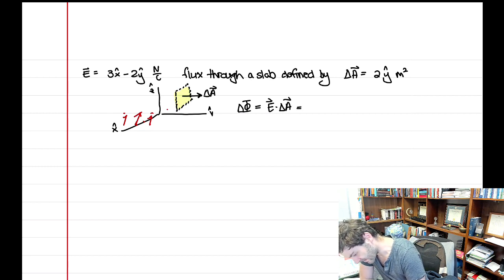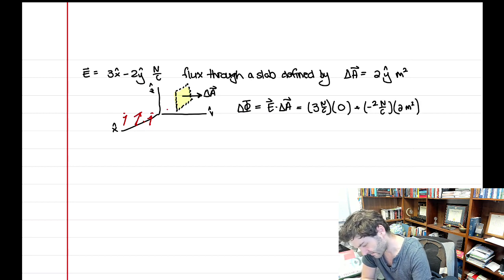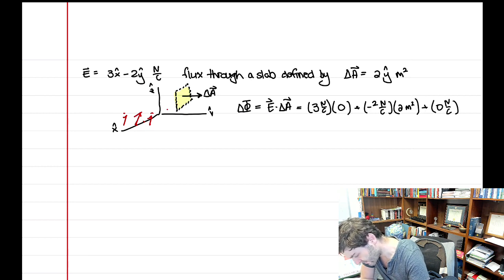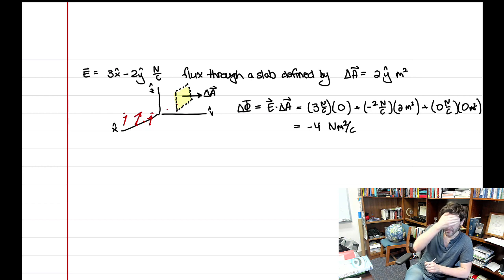So it's 3 newtons per coulomb, the x component of the electric field, times the x component of the area, which is 0, plus the y component of the electric field times the y component of the area, plus the z component of the electric field times the z component of the area. And that adds up to negative 4 newton meters squared per coulomb in that case. So there is a flux.